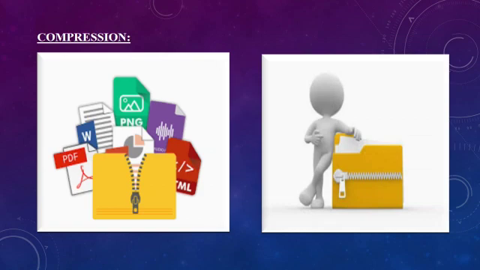There are several files in a folder, isn't it, children? So if you want to send an email, what you have to do? You have to compress all the files. Okay? You have to reduce the size of the files. And you need to send through email.